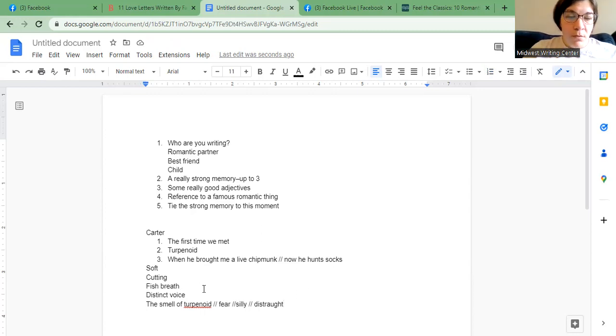So I would say fish breath is musty. So gross. Maybe wet. There's a dampness of smell too. This is just gross. But maybe if it's a romantic partner and you have woken up next to them for the first time and that's your really strong memory, maybe they had gross breath and you're like, I love you anyway.